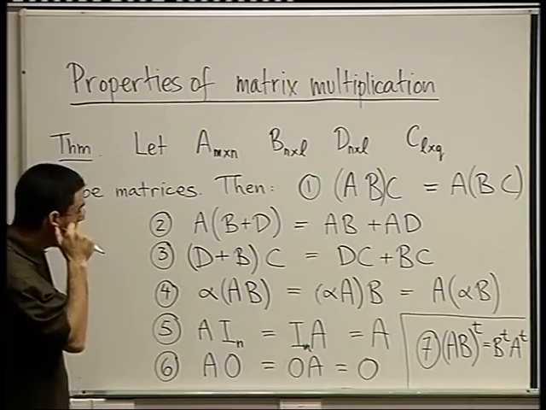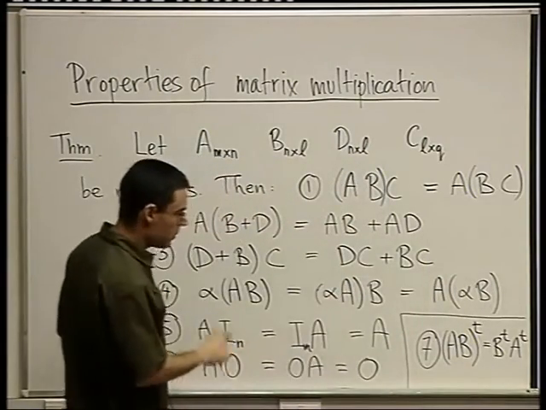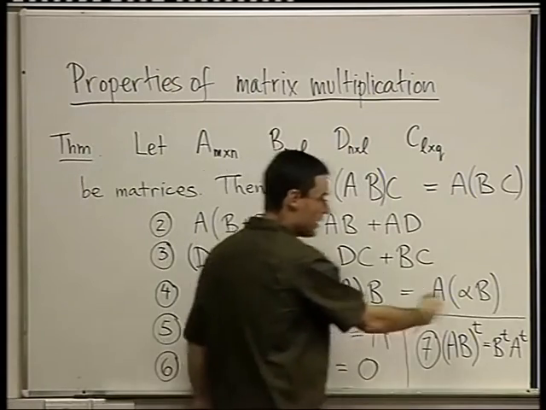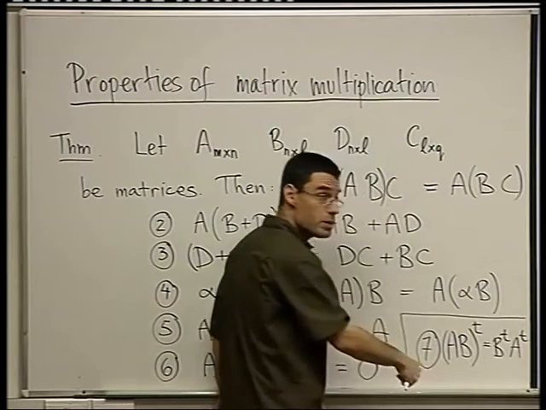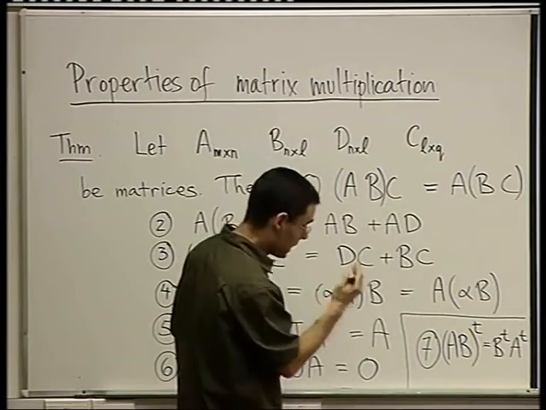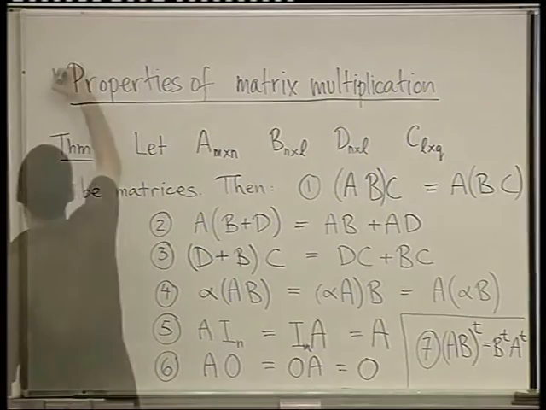Okay? So let's prove property number 7, for example. Let's prove that when we take a product and then take the transpose, it's like taking the product of the transposes, but in reverse order. Let's prove that. So, proof of 7.